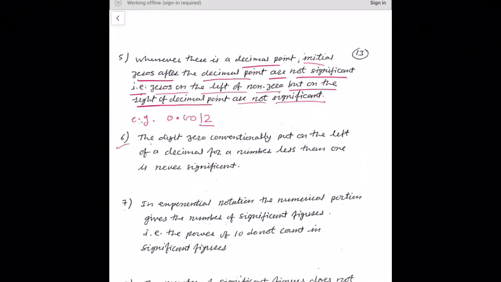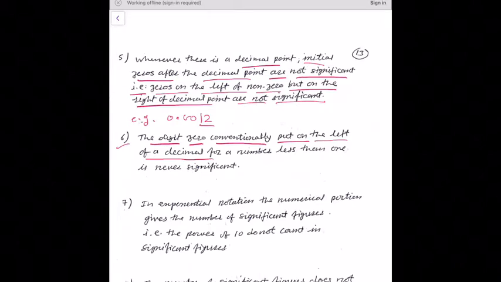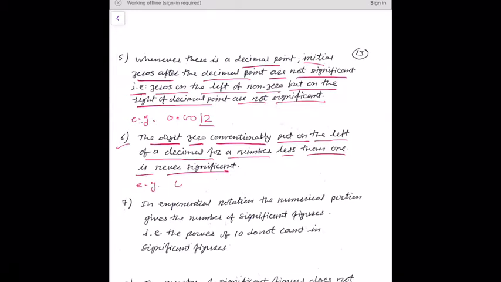Sixth, the digit 0 conventionally put on the left of the decimal for a number less than 1 is never significant. For example, 0.2350 has 4 significant figures.